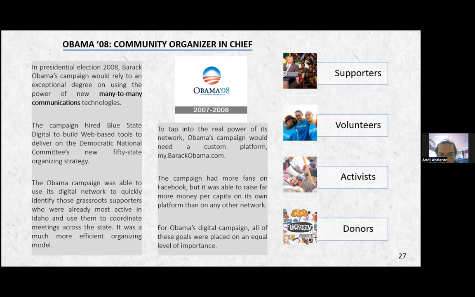For the Obama digital campaign, all of these goals were placed on an equal level of importance. And in the strategy, Obama in the presidential election already had many supporters, volunteers, activists, and donors as well.